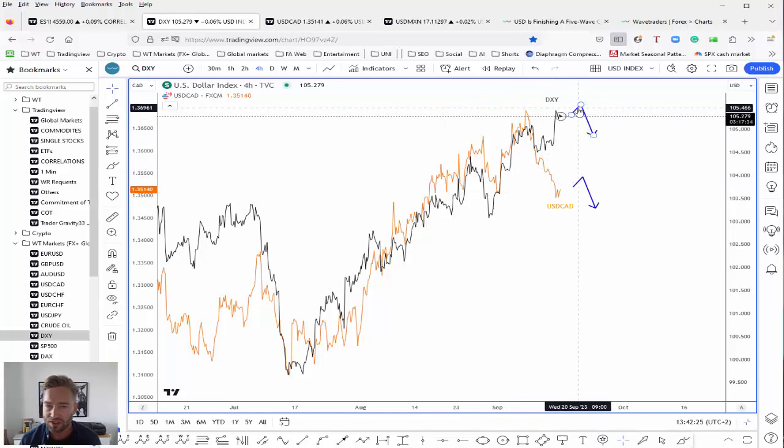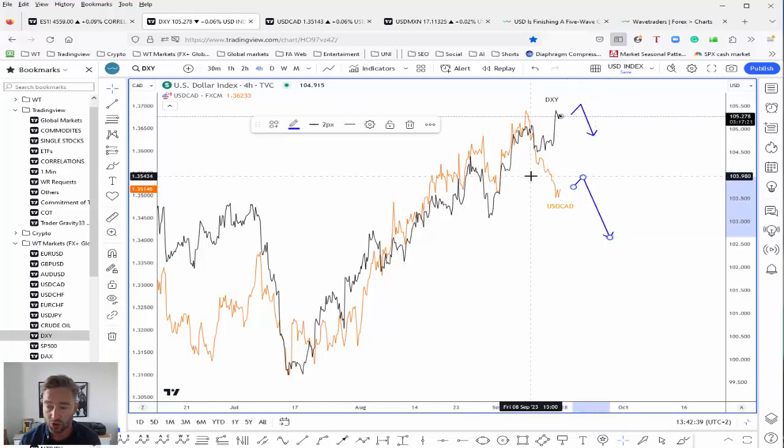So if dollar index is really going to stop at the resistance area there around 106 or so, and then we sell off, well, dollar CAD, which is already coming to the downside, will in my opinion see even more weakness. And short term, I see some very nice setup on dollar CAD. So I will definitely talk about this one in the webinar on Monday as well.